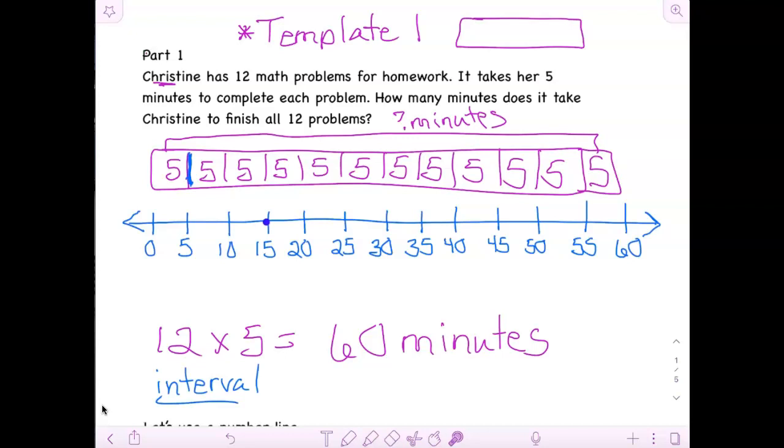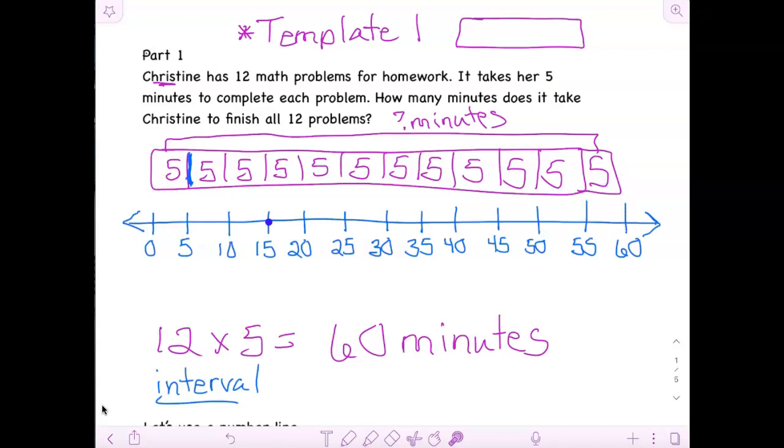How about an interval if we started at 15 and ended at 60? How many minutes is between 15 and 60? Well, we can put our finger here and count by 5s. 5, 10, 15, 20, 25, 30, 35, 40, 45.